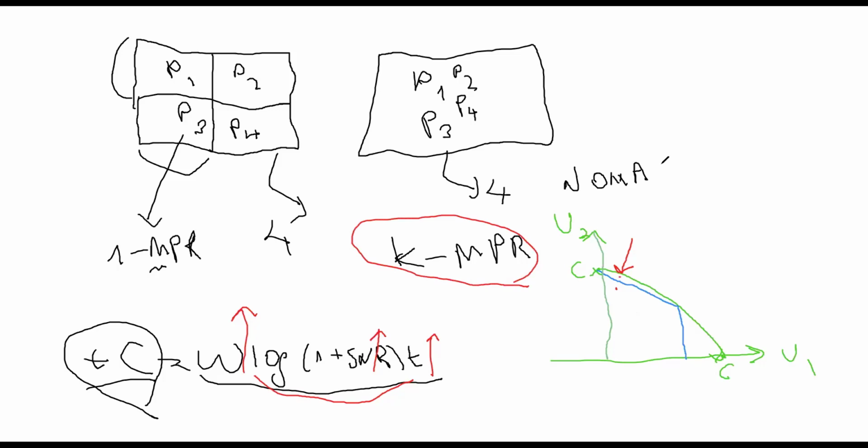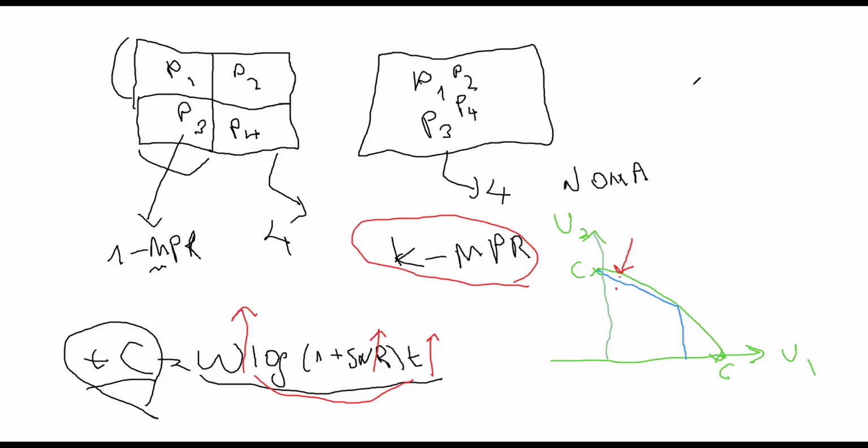Okay, so there are multiple points. Is it clear why we scale the initial resources needed for KMPR linearly compared to 1 MPR resources? It's clear first. You mean the initial resources? Exactly. So maybe we can give an example.